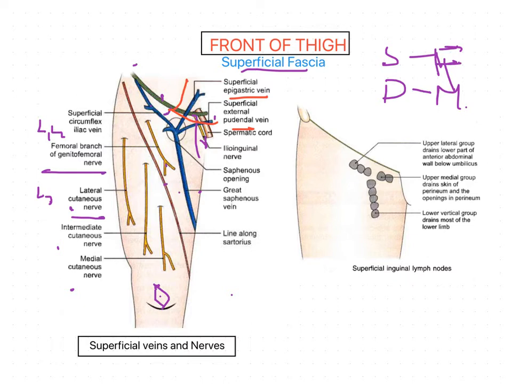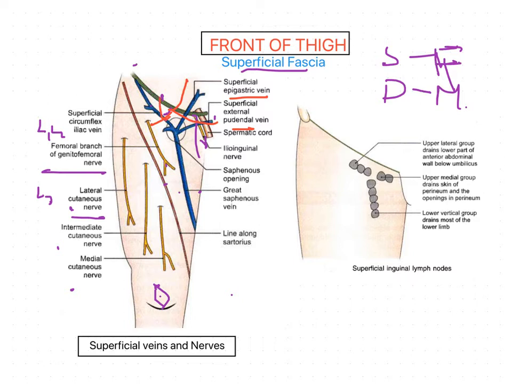And the other one is the superficial circumflex iliac artery, which pierces the fascia lateral to the saphenous opening, here, and runs upwards below the inguinal ligament.